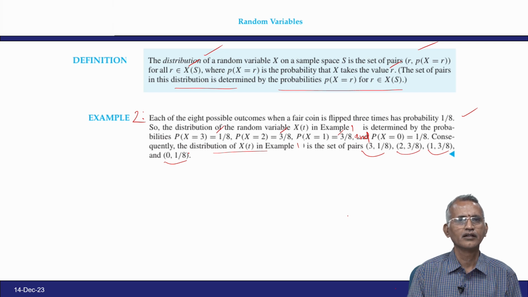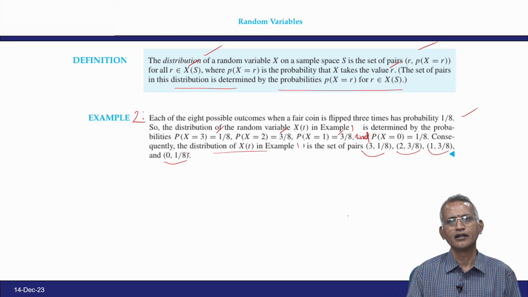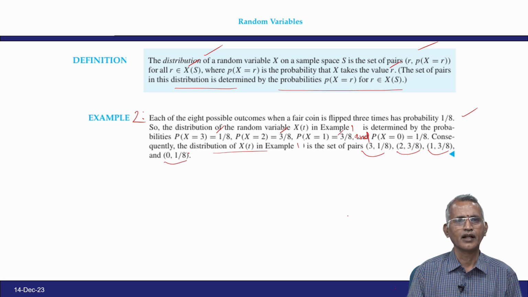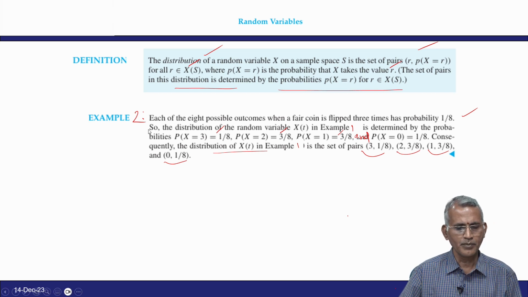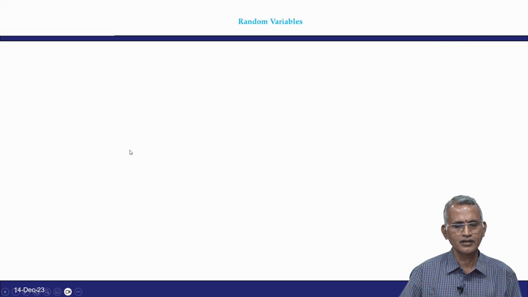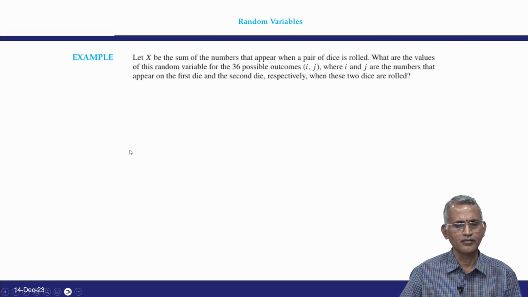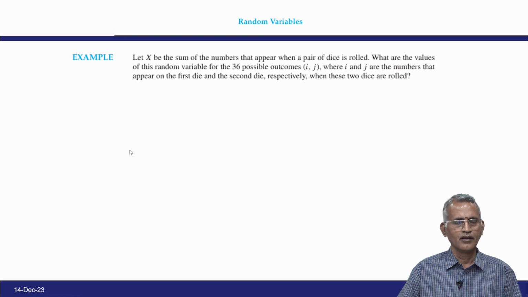This way we can write random variables for the possibilities of getting heads. So, keep this example in mind, and we will discuss one problem as example 3.